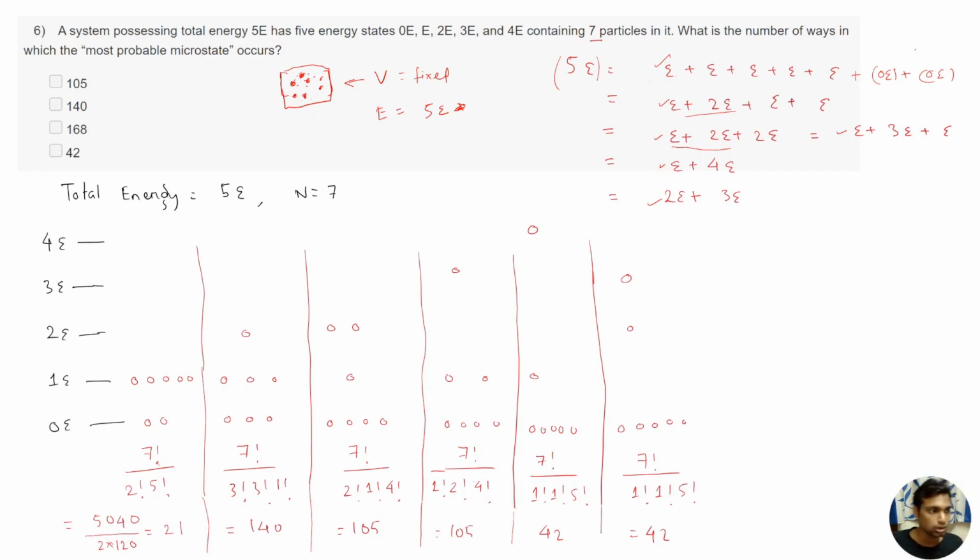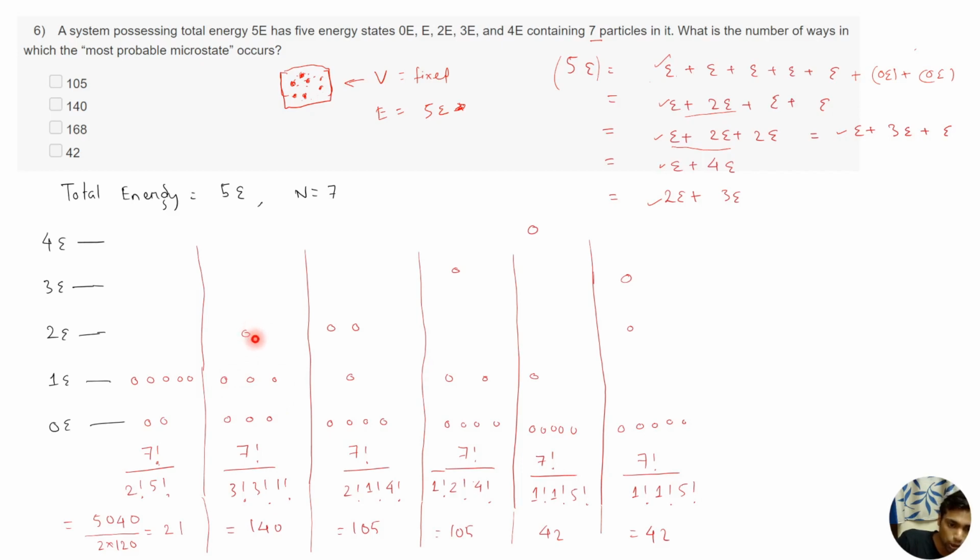Okay. Similarly, you can do that for, let's say, the second partition. For this one there are three 1E and one 2E. So 1 2 3, these are the three 1E.